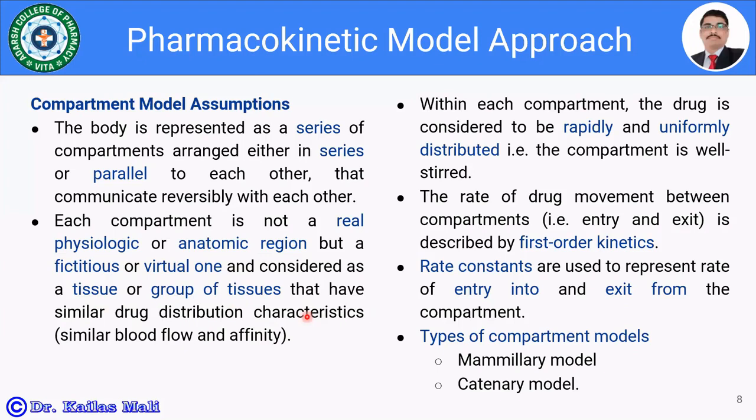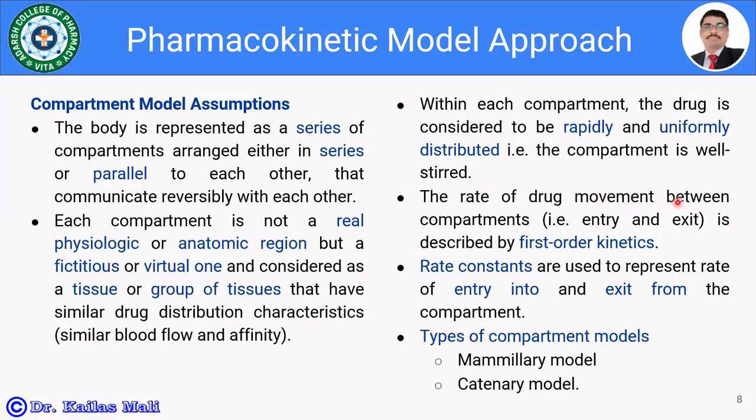So we are making groups of the tissues or the organs depending on their distribution. Within each compartment, the drug is considered to be rapidly and uniformly distributed. So here we are assuming that the compartment is a well-stirred model.